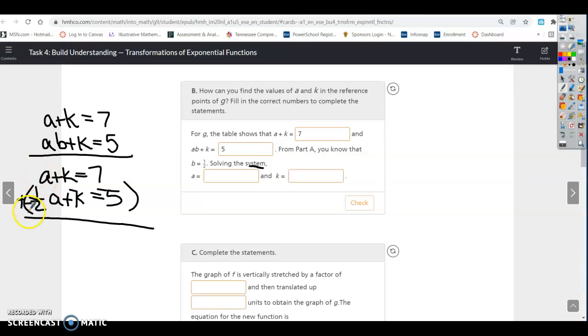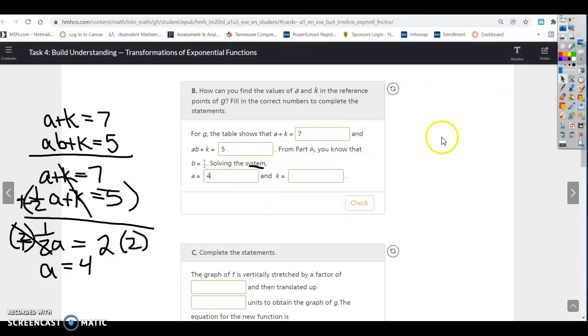So a minus 1/2 a, so 1 minus 1/2 is 1/2 a, and then k minus k cancels, and then 7 minus 5 is 2. All right, so half of a, to get rid of the fraction, I've got to multiply by the reciprocal, which is just 2. 2 over 1 is the same as 2. So a equals 2 times 2, or 4. So we know that a is going to be 4.